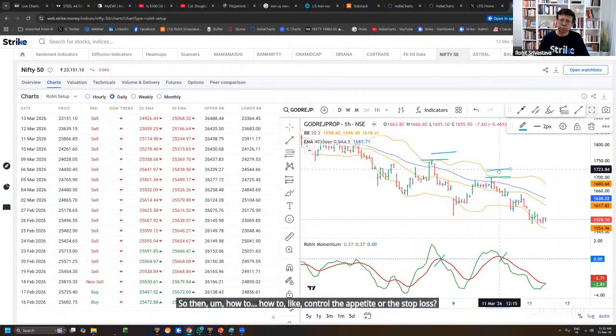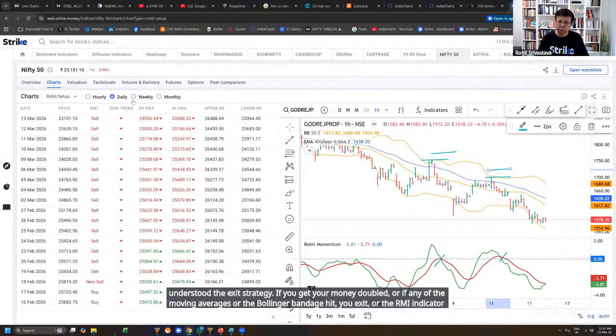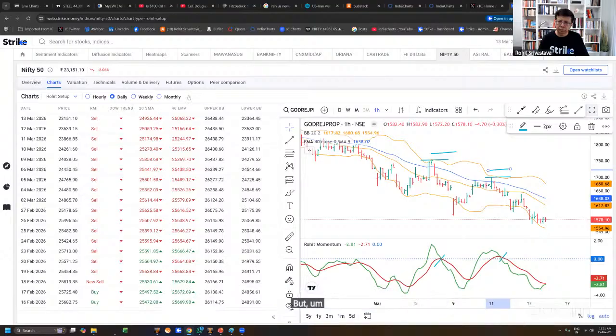I understood the exit strategy: if you get your money doubled, or if any of the moving averages or the Bollinger Band is hit, you exit, or the RMI indicator is saying you exit. But when there is a lot of volatility, how do you determine the stop loss, or how do you take a trade on options?